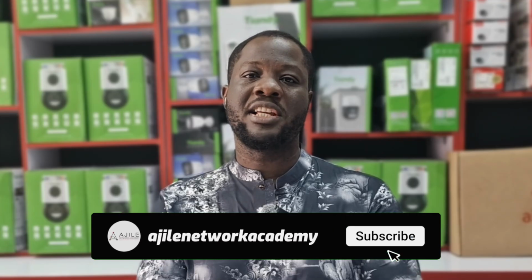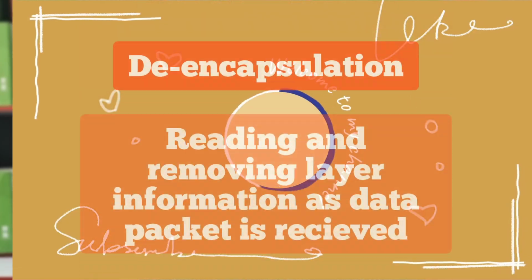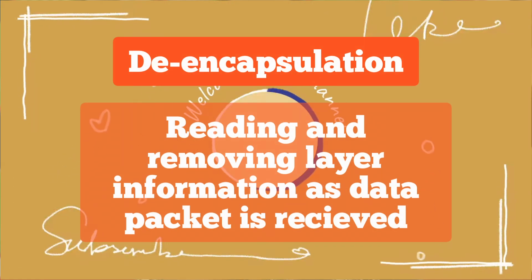So encapsulation is the process where the computer adds those layer information to that single request you made as it is being processed on your computer into the network. Whereas de-encapsulation is the process of reading off that layer information as it is being received by the destination.